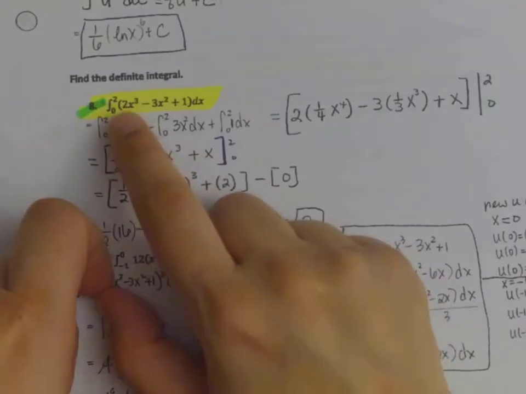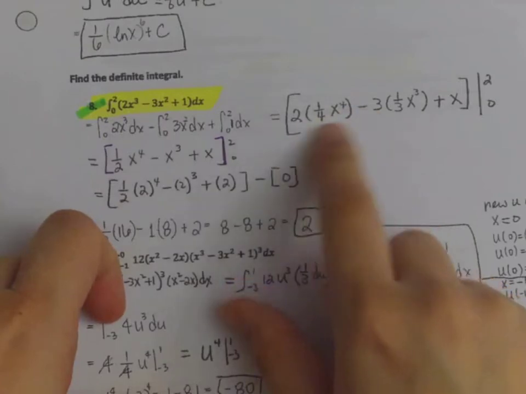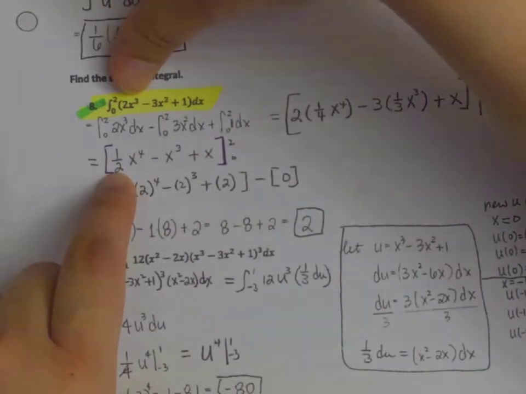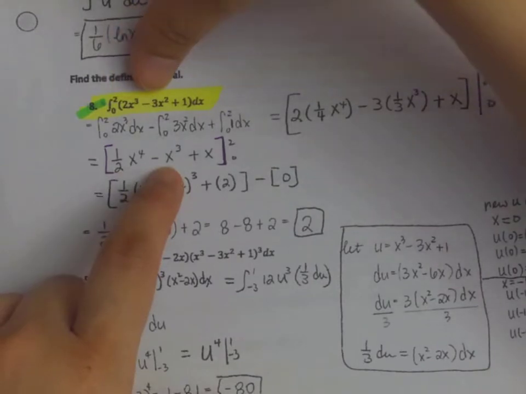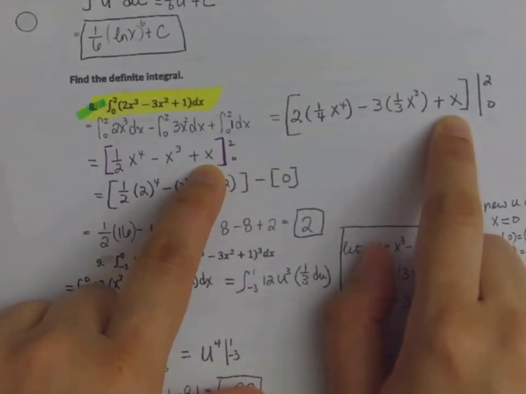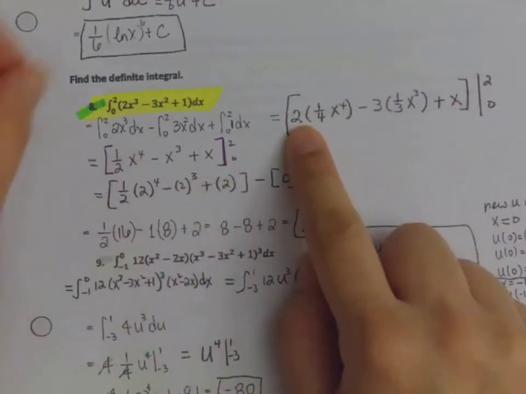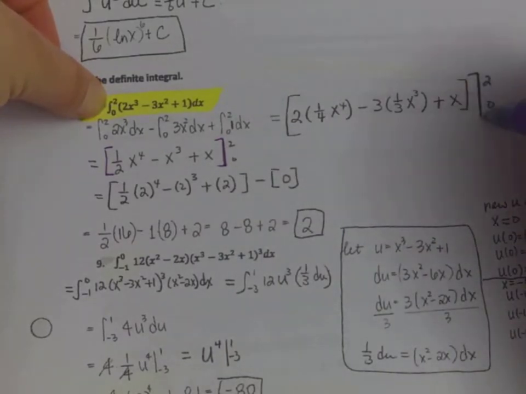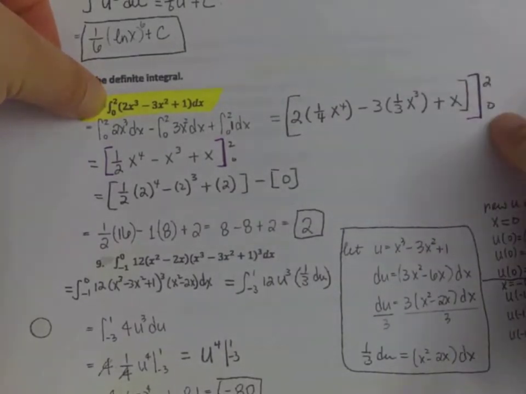And you take the integral of these individual terms here. After you take the integral, the first term is 1/2 x to the 4. The second term is going to be minus x cubed plus x, right? So we show the step here. Once you take the integral, that integral sign is gone, and then the upper and lower limits go to the end like this, right?